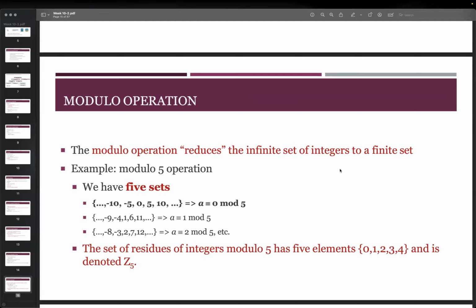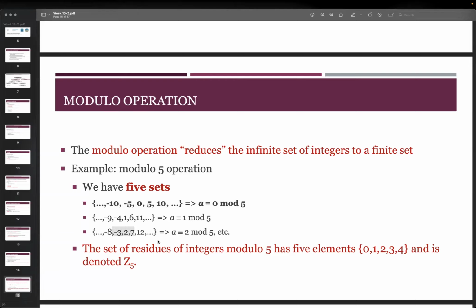So if we have a modulo 5 operation, then we have a set of 5. You will see right here -10, -5, 0, 5, 10, and so on, all the remainders mod 5. Something like 1 mod 5, the remainder will be 1, and 2 mod 5, the remainder is 2.